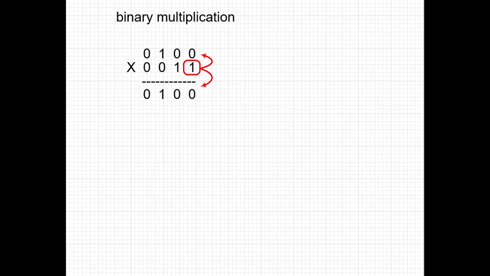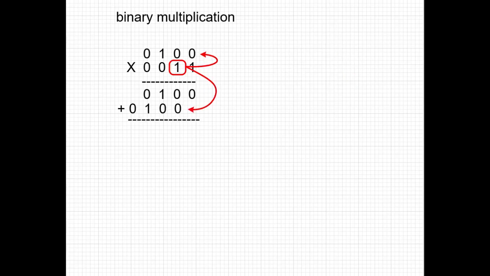complete multiplicand, the top one, since binary includes just 0 or 1, then we either pull down the multiplicand if the multiplier digit is 1, or we don't if it's 0.